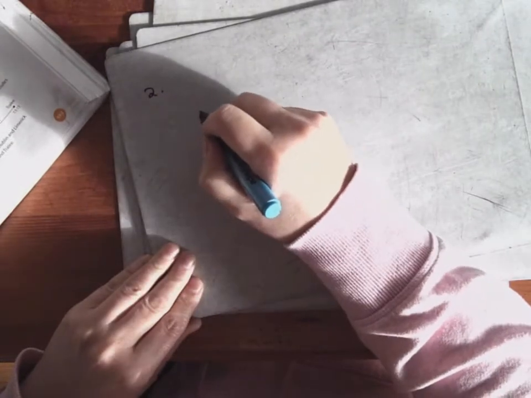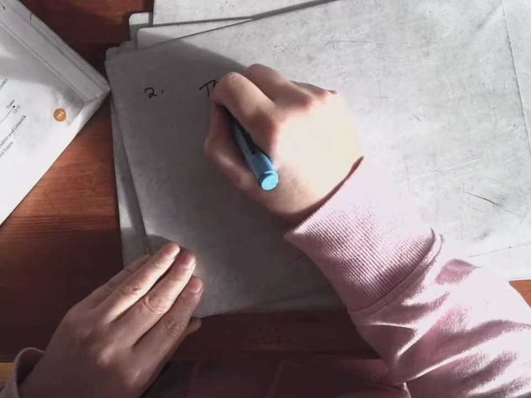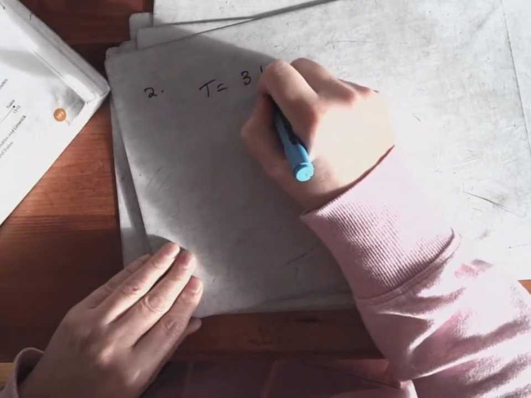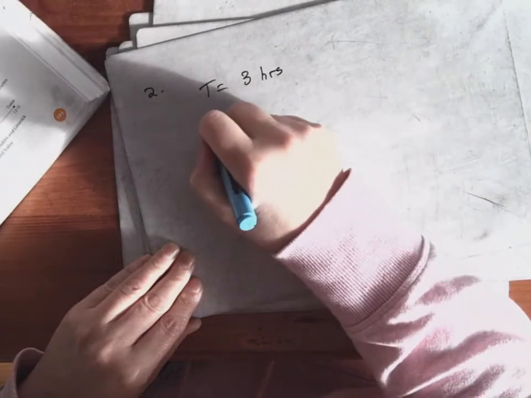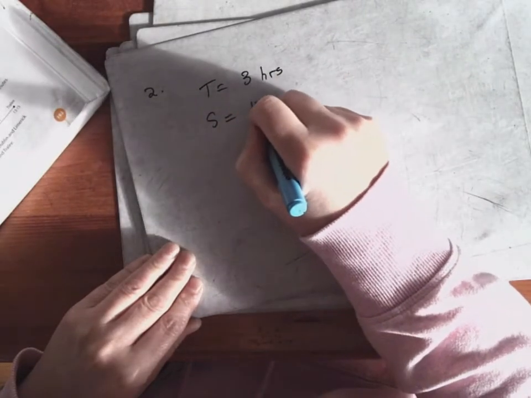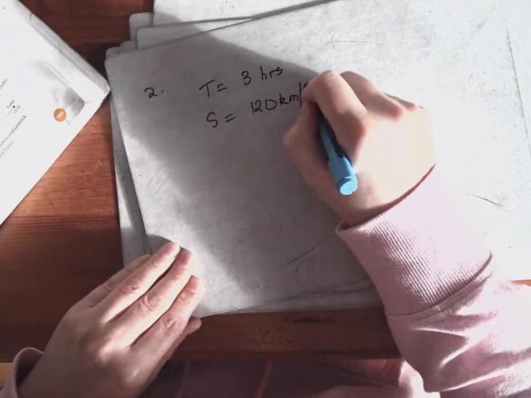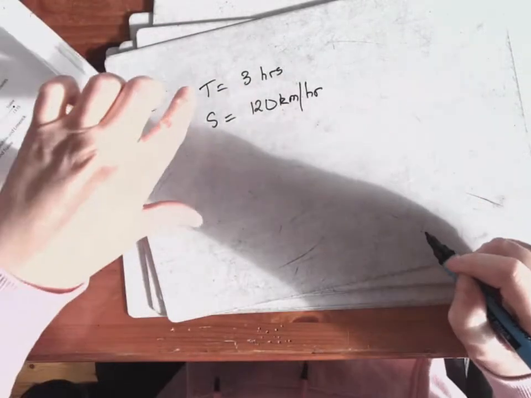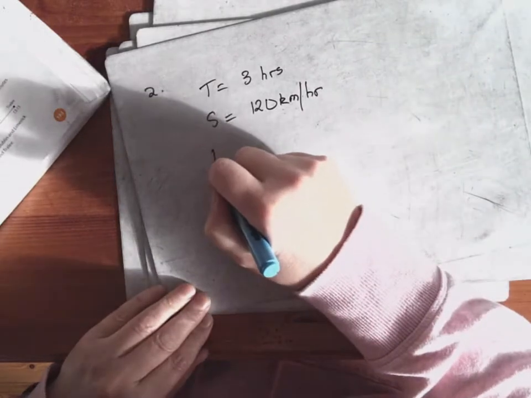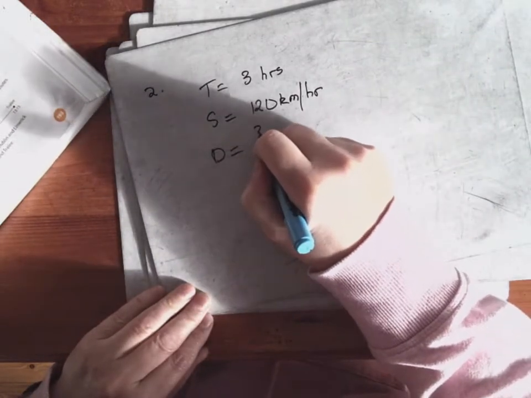Right, number 2. A journey takes 3 hours, so the time for the journey is 3 hours, and the speed is 120 kilometers per hour. So basically we have time, we have speed, we're missing distance for that journey.